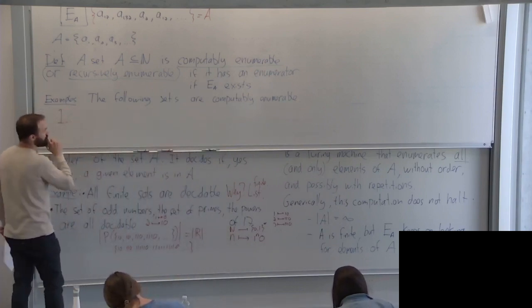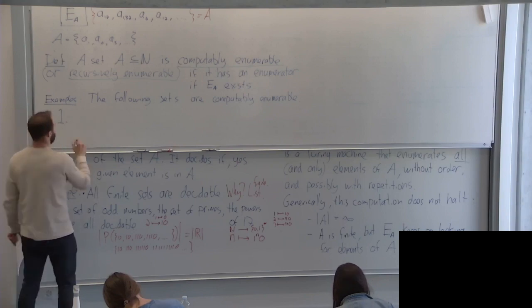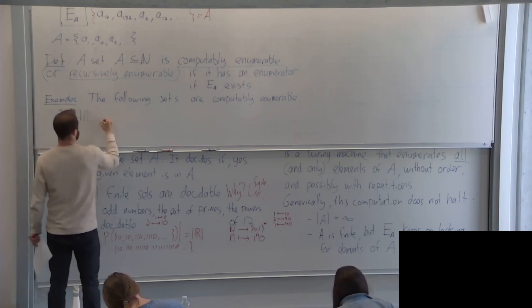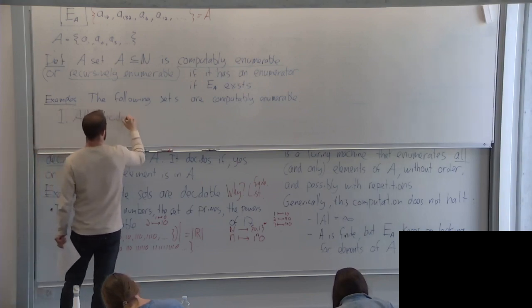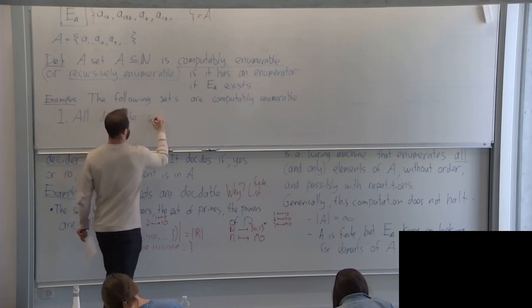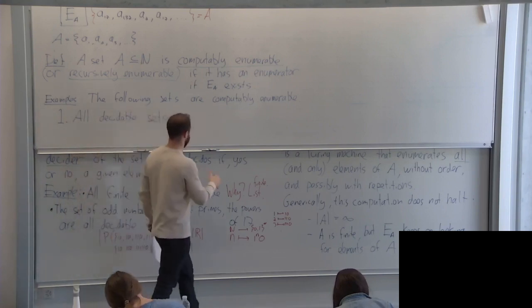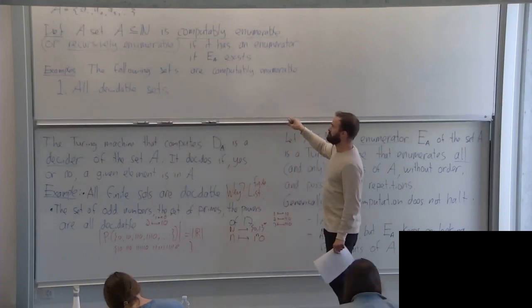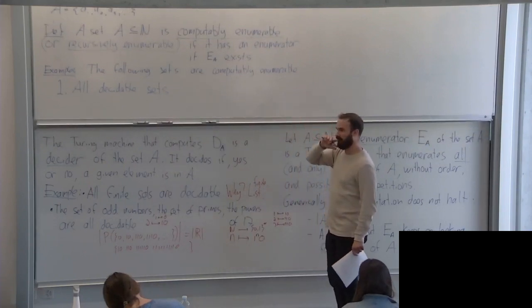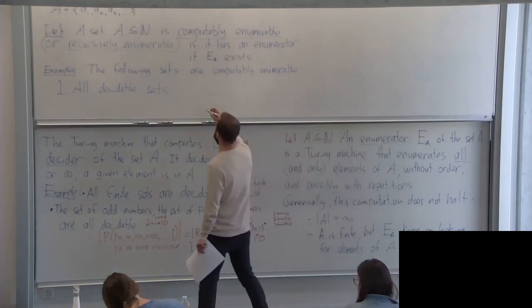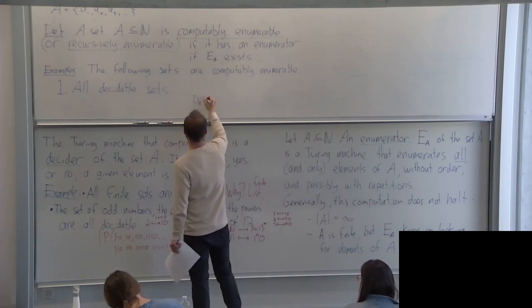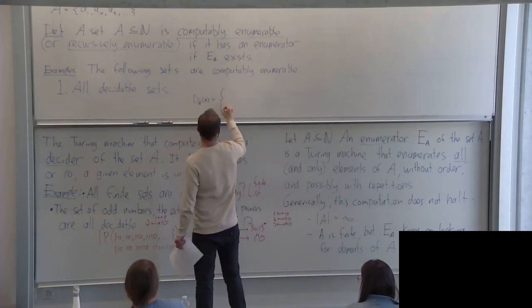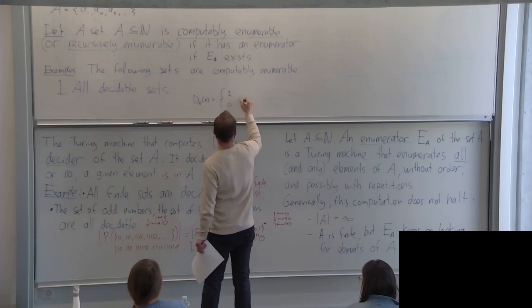First, all decidable sets. Just to recall, the A of n was equal to 1 or 0.